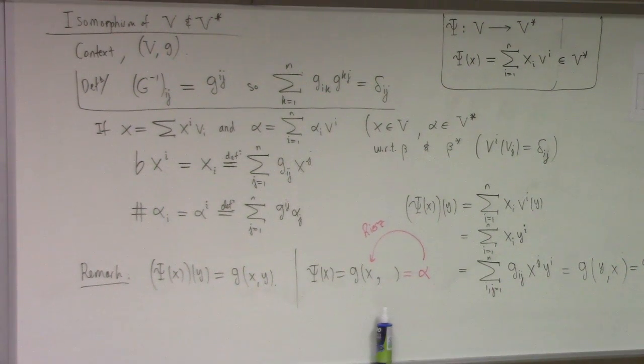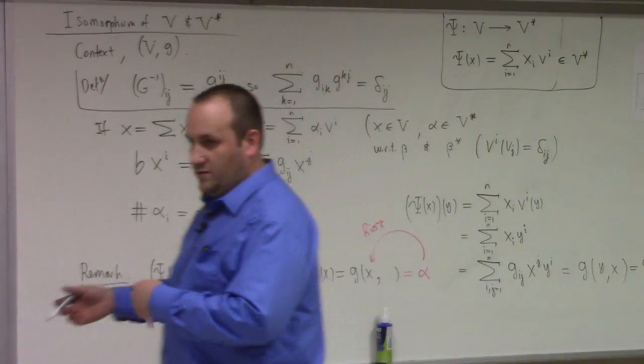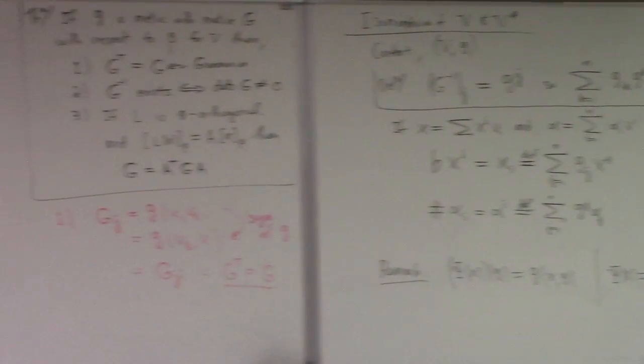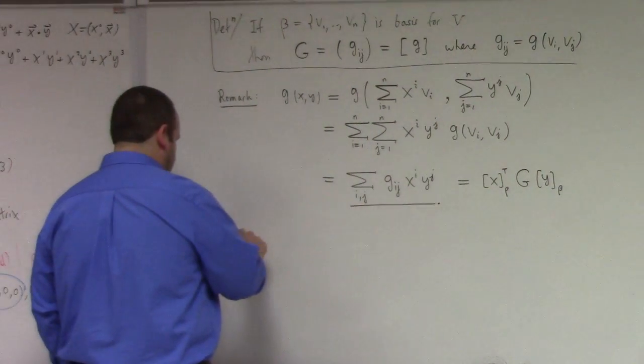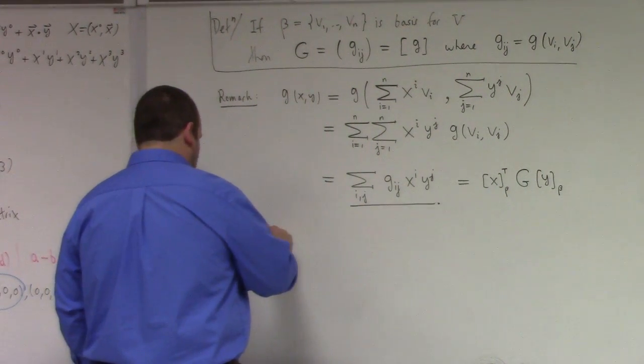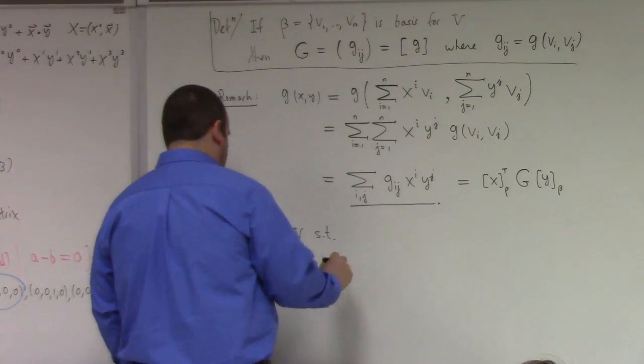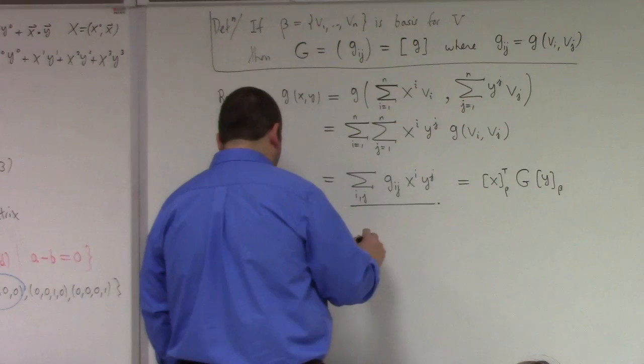So, in other words, what's the problem of the Riesz vector? What are we supposed to do?